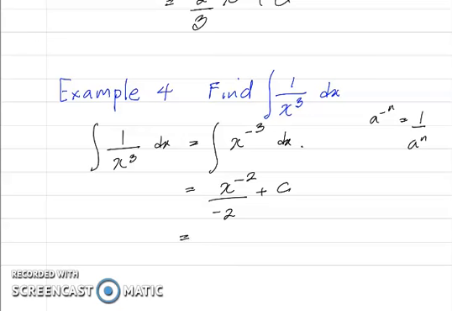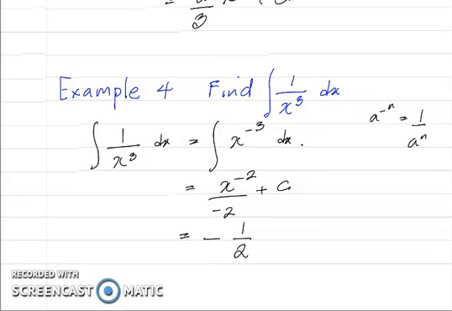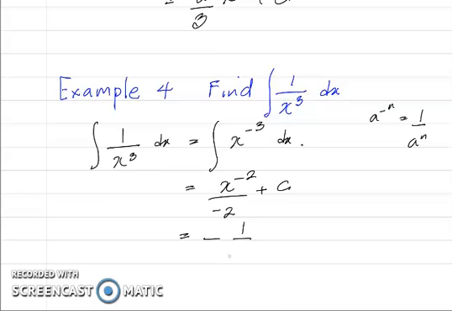So the answer here becomes minus 1 over 2x squared, plus c. Again, here we're just applying the law of indices. If the power is negative and you want it positive, you have to bring it down into the denominator. And then we add c, which is the constant of integration.